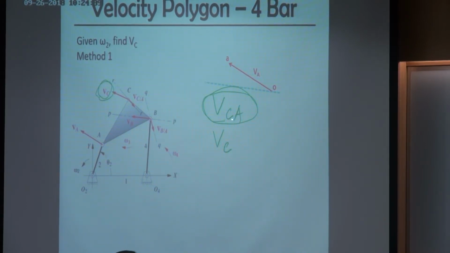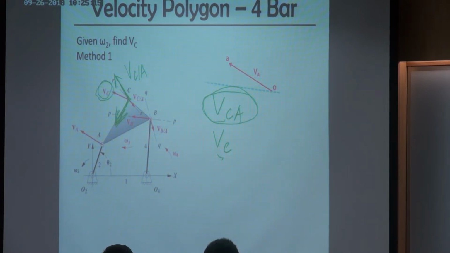Right now VCA is considering A as the origin point. For the relative velocity, the only motion C can do relative to A is to rotate about this link. So VCA must be in this direction, because it cannot move in this direction. There's no component in this direction.